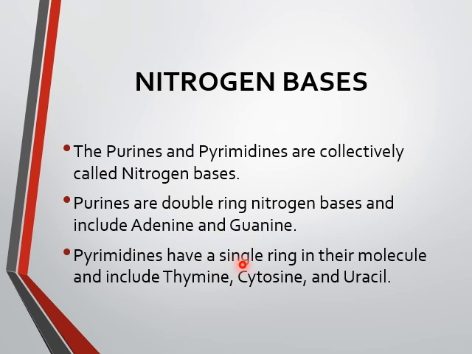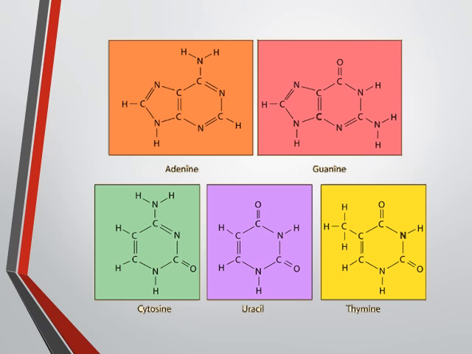Pyrimidines, they have a single ring in their molecule and they include thymine, cytosine and uracil. So 3 are pyrimidines and 2 are purines. So here you can see the structure of your adenine and guanine, which have a double ring, whereas cytosine, uracil and thymine, they are single ring compounds.